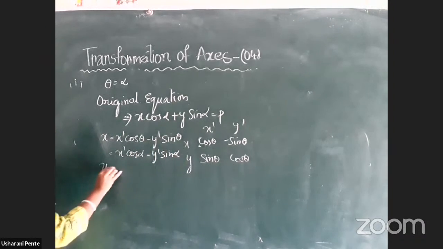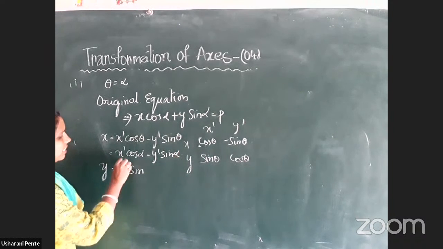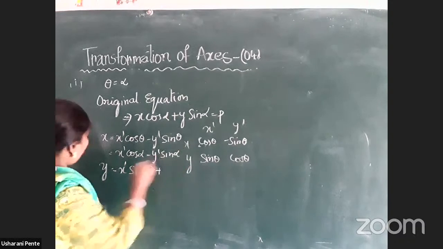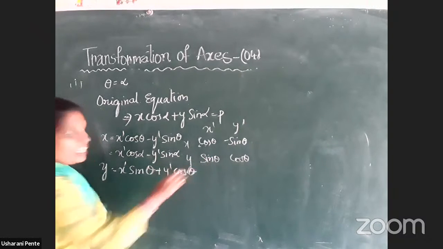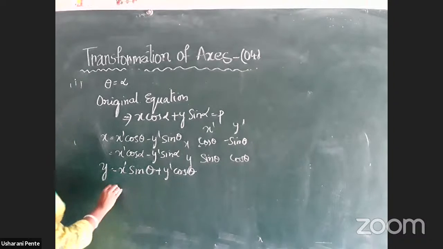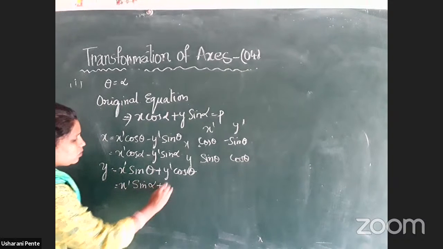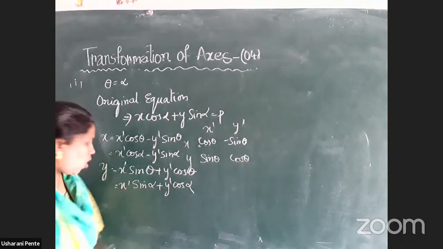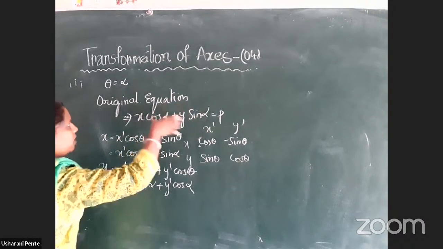And the y coordinate is equal to x dash sin theta plus y dash cos theta. So in place of theta, I have alpha, that is x dash sin alpha plus y dash cos alpha. Now these two points have been substituted in the given equation.